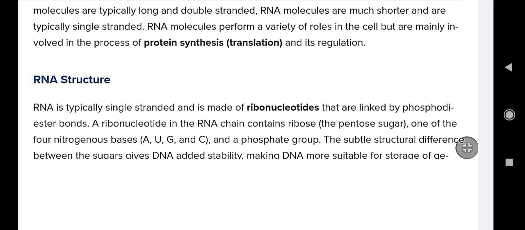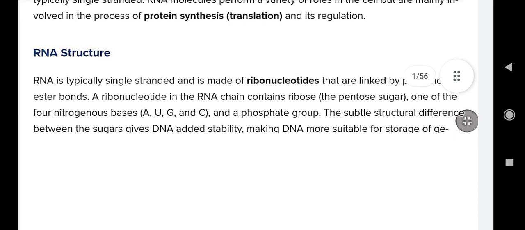These ribonucleotides are linked with one another by phosphodiester bonds. A ribonucleotide in the RNA chain contains the ribose sugar, which is a 5-carbon pentose sugar, and one of the 4 nitrogenous bases: adenine, uracil, guanine, and cytosine.